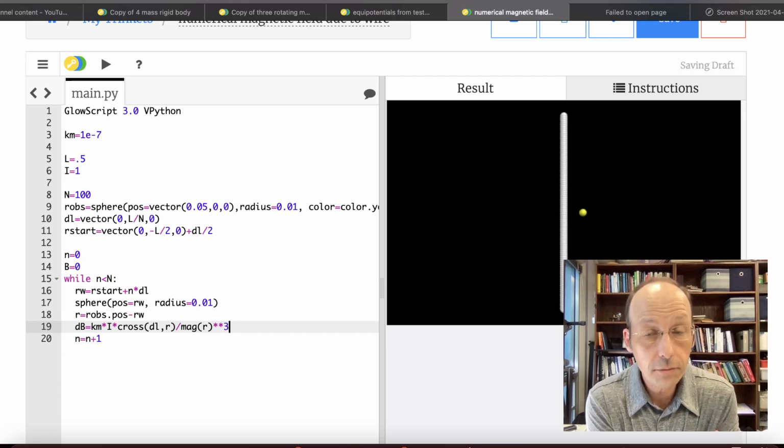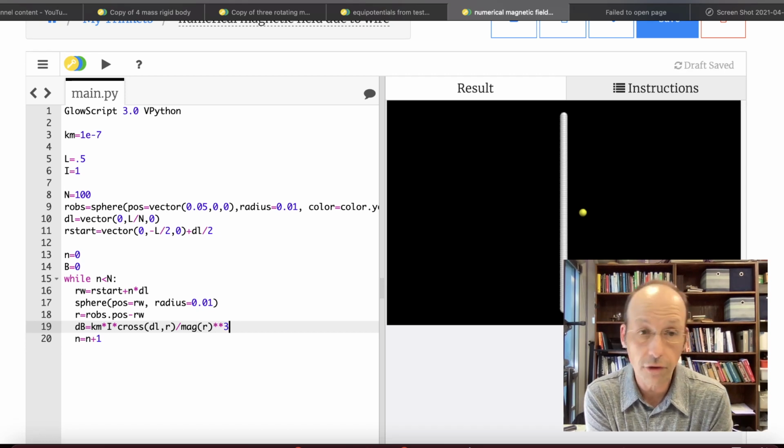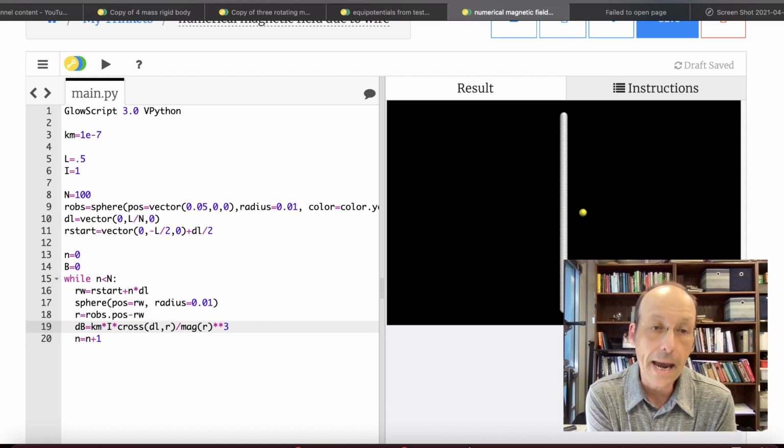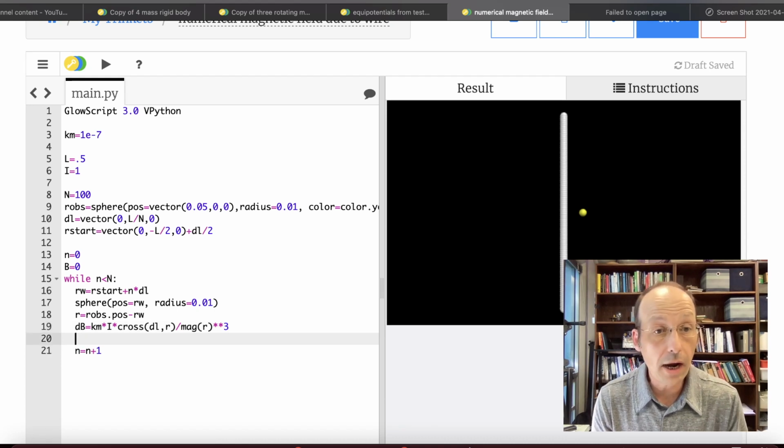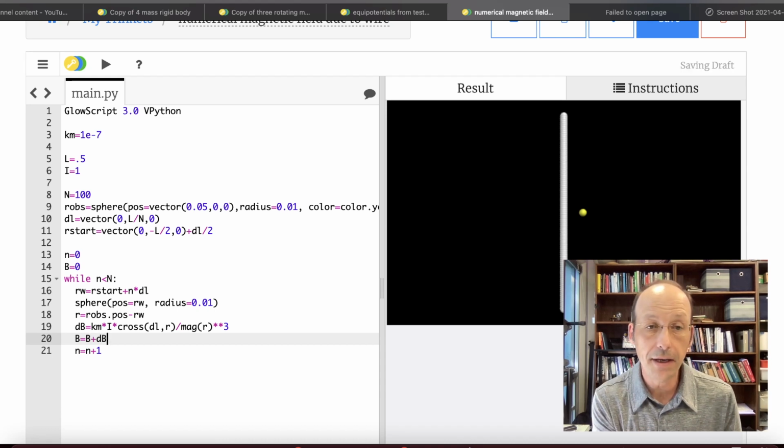So cross is a built-in function in Python that returns a cross product, yay. Magnitude is a built-in function that returns the magnitude of a vector, double yay. Now, that's the magnetic field due to those little pieces. Now I can take that and add that to my existing. So I'm going to take that piece, add it to whatever I started with, and I'm going to keep adding it up as I move along, and that should be it.